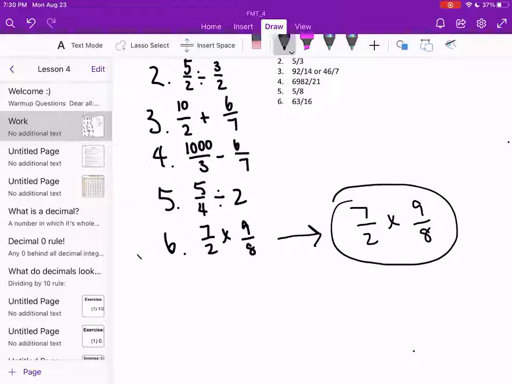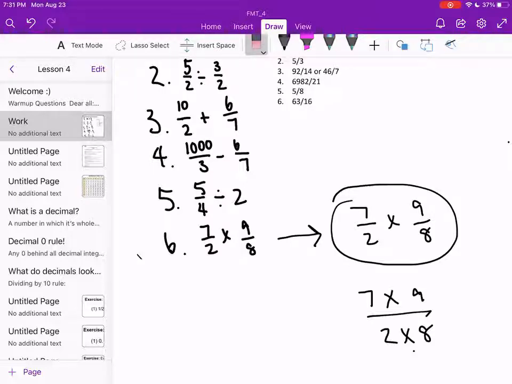First, I guess you can make the denominator the same. Do we have to do that for multiplication though?